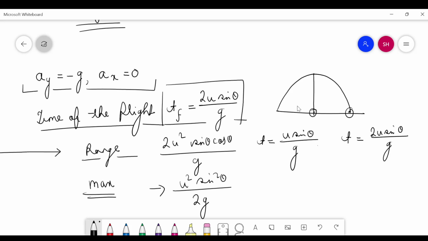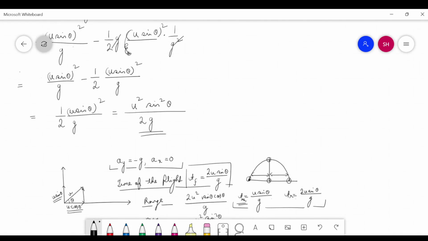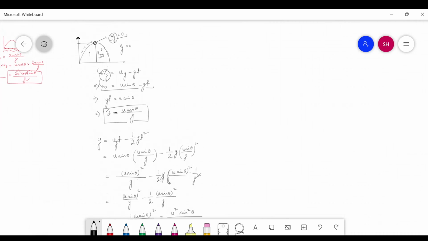We can see that from this point to this point, half of the time is covered, because this is just half of this term. This is the range, this is the maximum height. Half the time is spent here, and half the time is spent by the particle coming down, and hence we can make this realization here. And this is about the whole projectile motion thing.